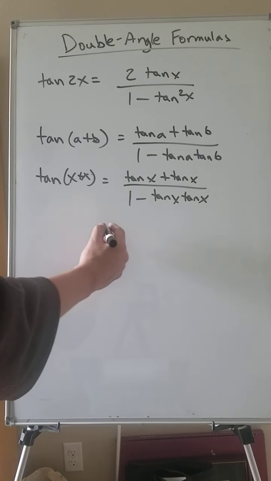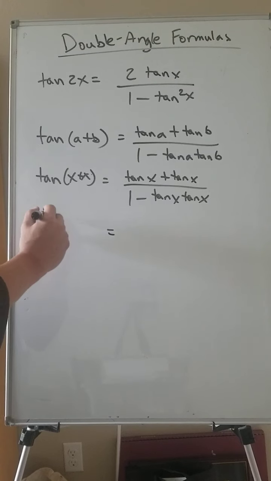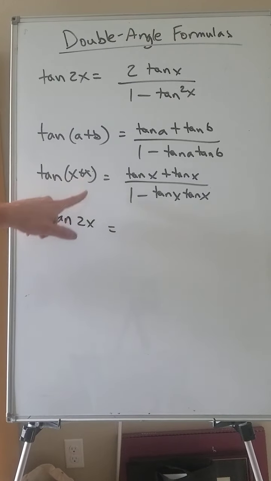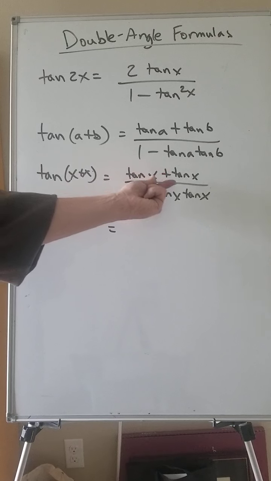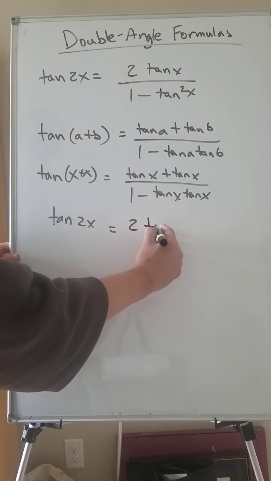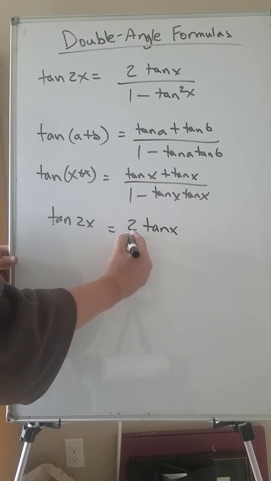Now all I'm going to do is simplify. On the left-hand side, I get the tangent of 2x, because x plus x is 2x. On the right-hand side, on the top of the fraction, I have tangent x plus another tangent x. So how many tangent x's do I have up there? I have two of them. So that's 2 tangent of x.